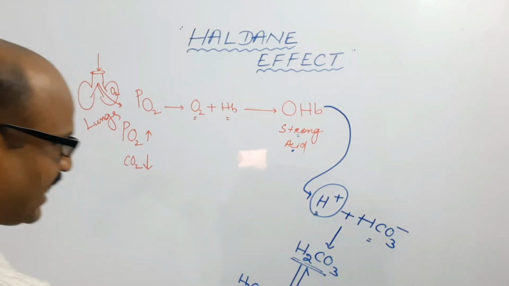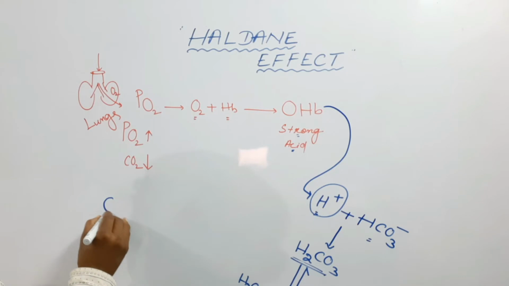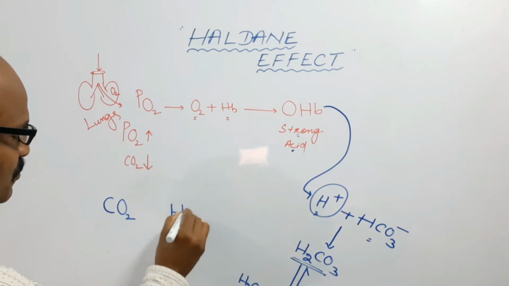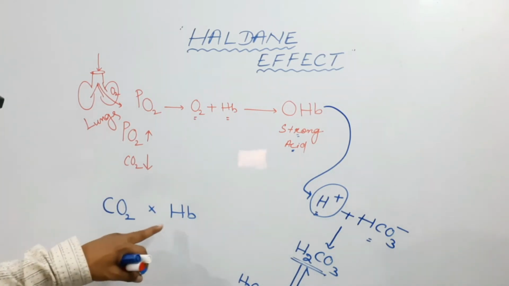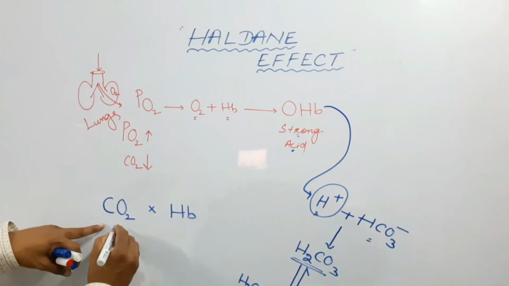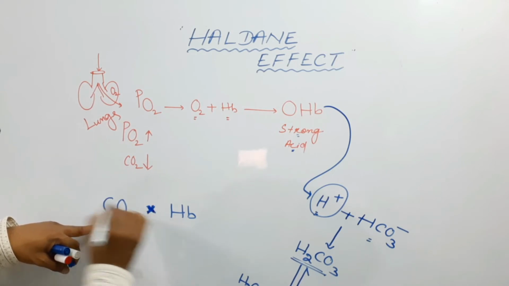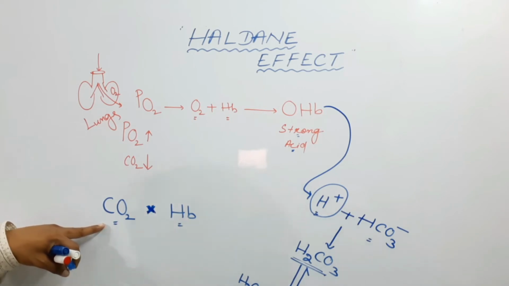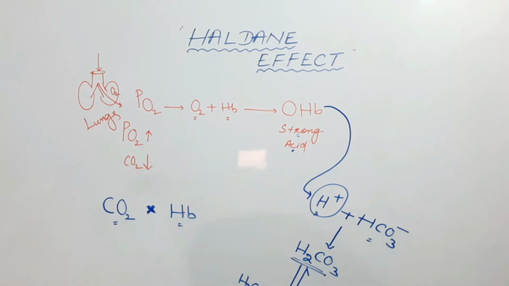It means that here the affinity between carbon dioxide and hemoglobin is decreasing. This is the cross mark, meaning the affinity is decreasing here. So the affinity of carbon dioxide and hemoglobin is decreasing, and this is known as the Haldane effect.